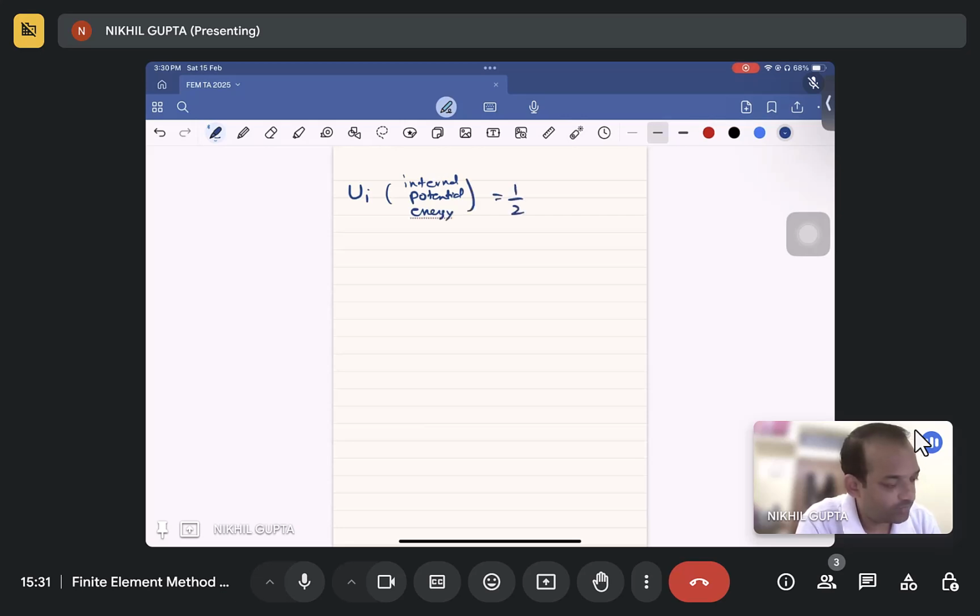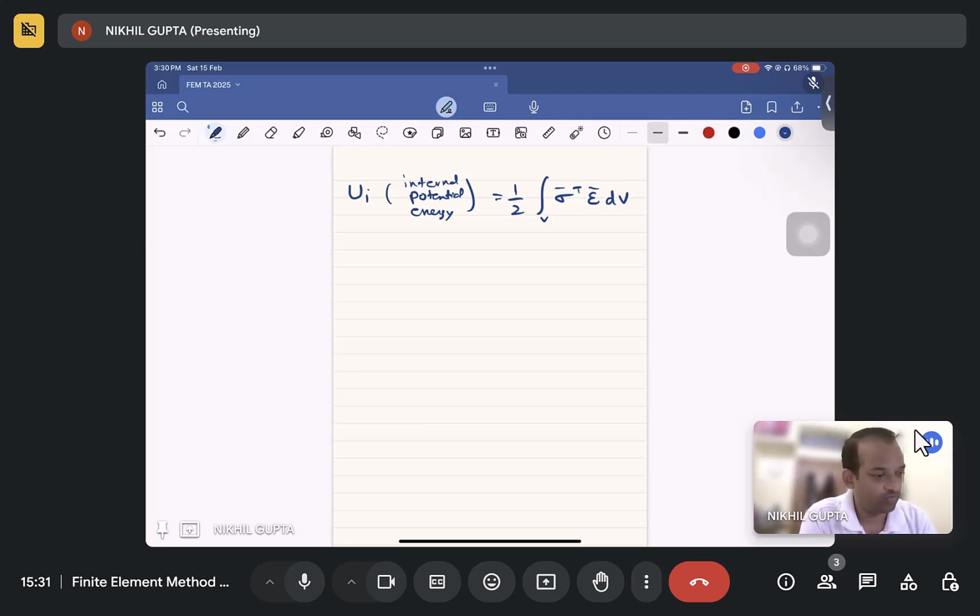It will be half, due to the linear elastic material, integral of sigma transpose epsilon dV. So the external work done is calculated on the basis of the forces we are applying. The internal potential energy is calculated on the basis of internal forces which are observed in the material due to the applied loading. So these are the two differences.